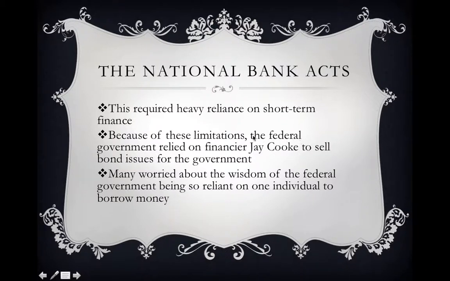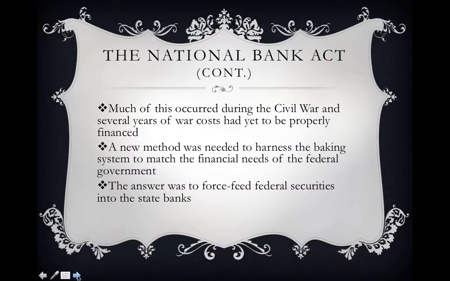Individuals thought that he would have too much power as the individual who was selling bonds for the federal government, and they felt that this would give Jay Cooke too much power. So that was this last point here, that there were worries that it was not smart, or they questioned the wisdom of being so reliant on one individual to finance the federal government, that the individual who the federal government was relying on would hold too much power.